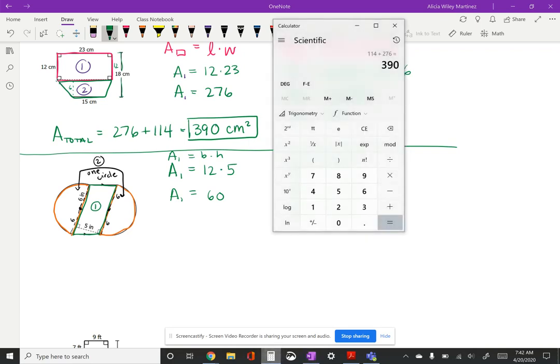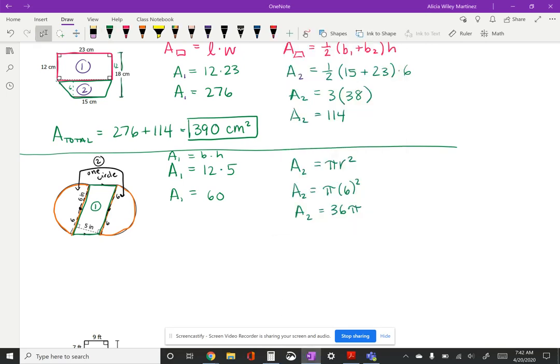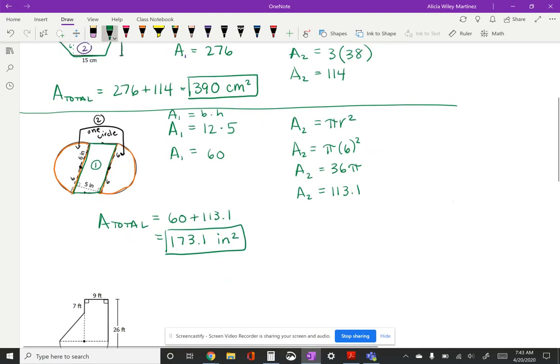Putting that into my calculator, I get 113.1. And then all you have to do is add those two areas together to get your total. 60 plus 113.1, so my answer is 173.1, and what is it? Inches squared. Area is always units squared.